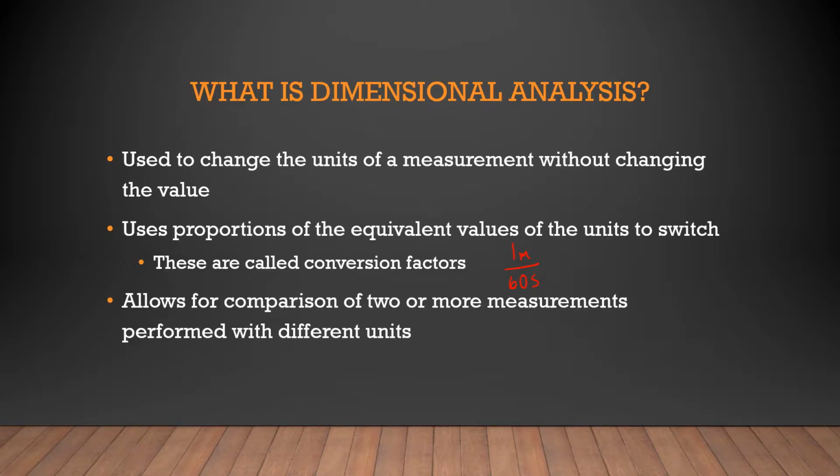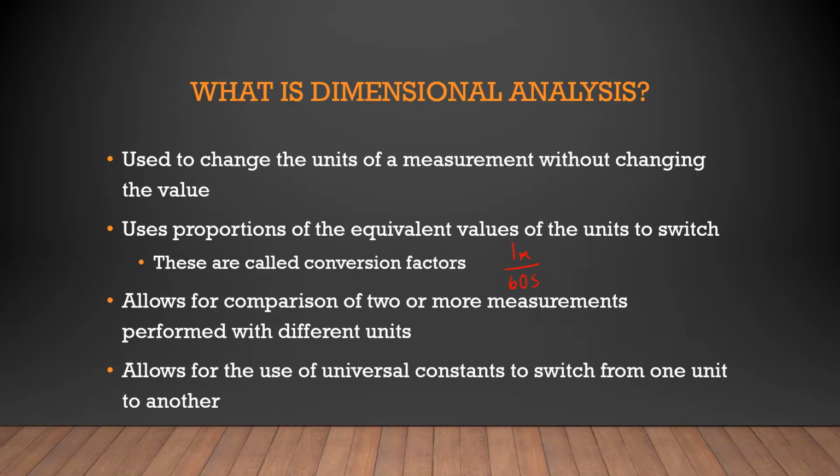The third thing it allows us to do is compare two or more measurements if they are performed with different units. So if one person measures something in meters per second and somebody else measures in kilometers per hour, you can quickly transition and make sure you get an accurate comparison between those two things.